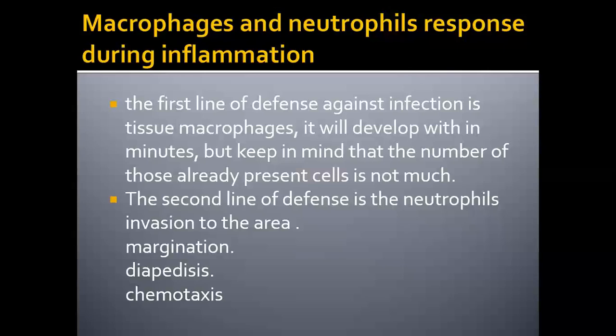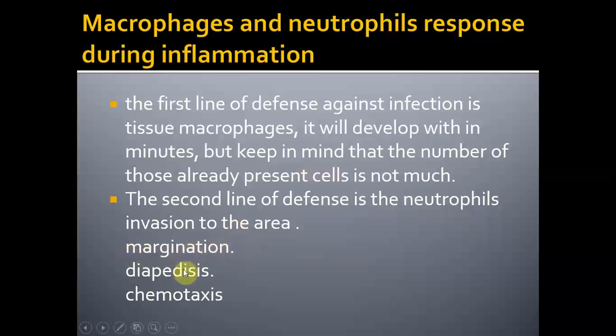By chemotactic substances. When you have an inflammation, certain substances and changes happen to the cells. First, the neutrophils are going to be close to the wall of the blood vessels. This process we call margination.